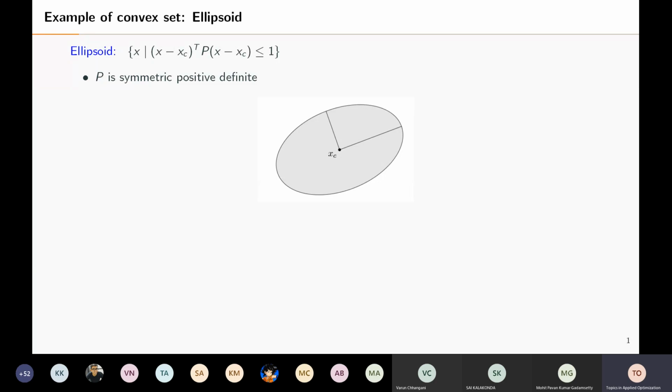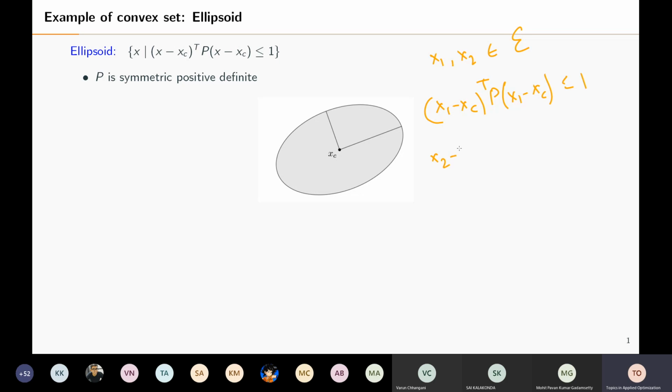But you can prove this explicitly also. It should be a straightforward thing: if x1 and x2 are in the ellipsoid, then this means that (x1 minus xc) transpose P (x1 minus xc) is less than or equal to 1.